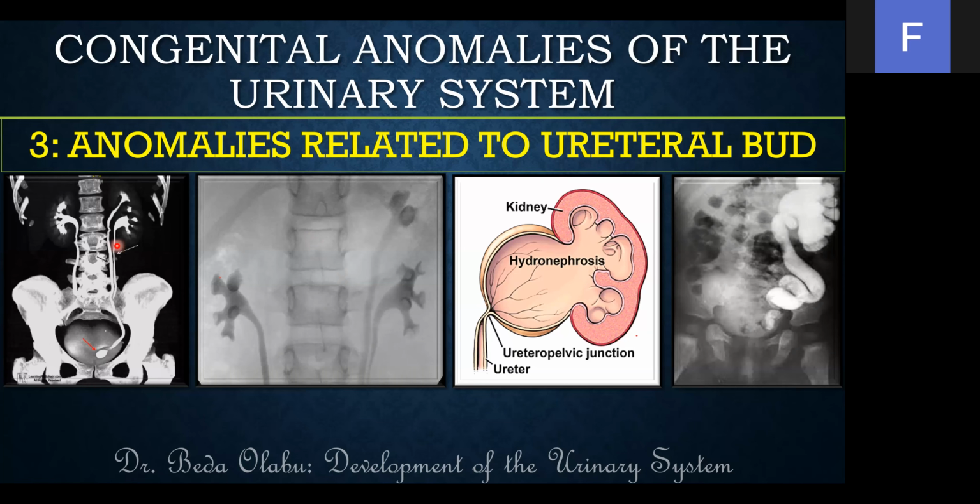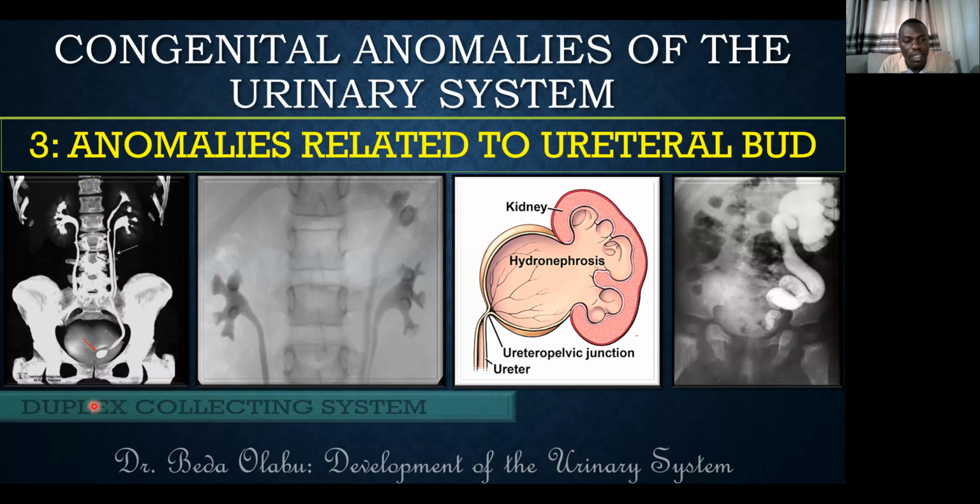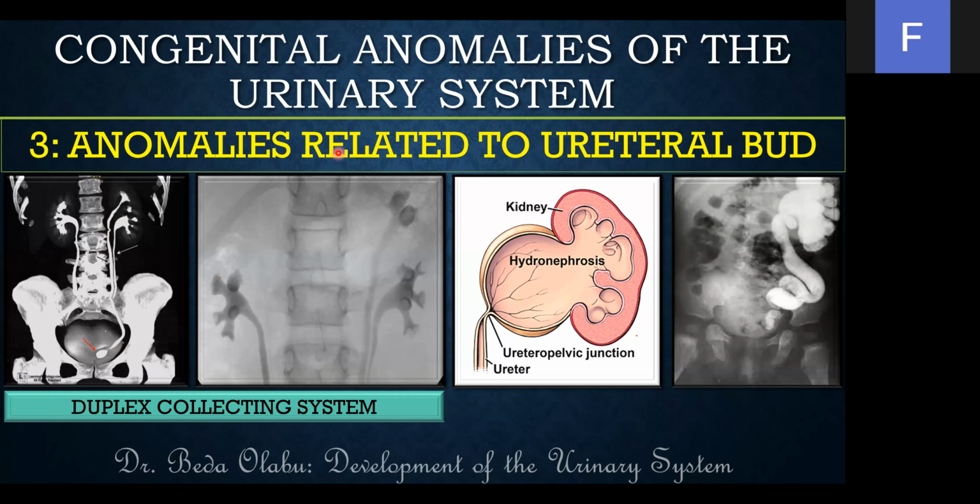Now, look at the left kidney. There are two ureters leaving. Yes, you see two ureters there. Good. So we call that a duplex collecting system. When you have a double collecting system, we call it a duplex collecting system.